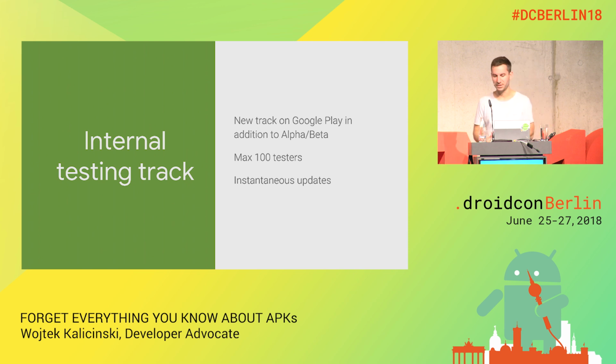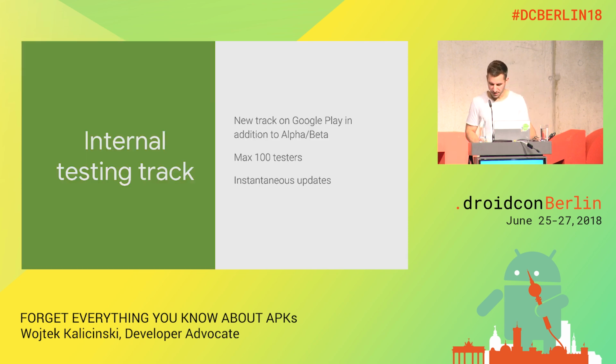And it doesn't support ADB, so I couldn't test on my device. And it doesn't support running the emulator, so I couldn't test on the emulator. So what I did instead, I just used the internal testing track. And actually, I had this change code, upload to Play Store, and then update on my device kind of development cycle. And it worked great. I didn't have to wait more than 10 seconds for the updates to happen.